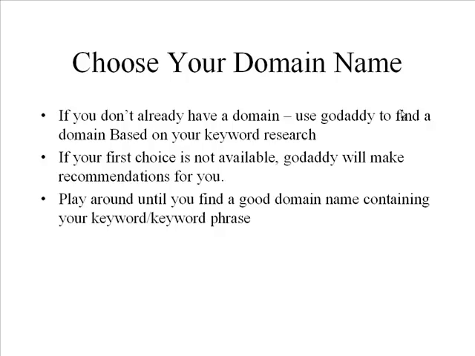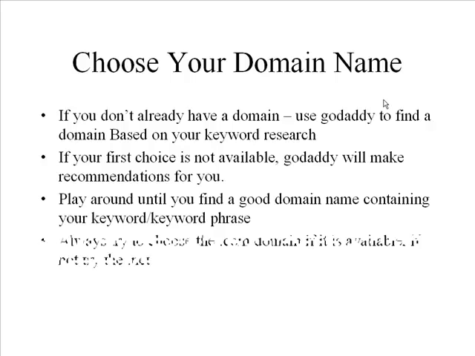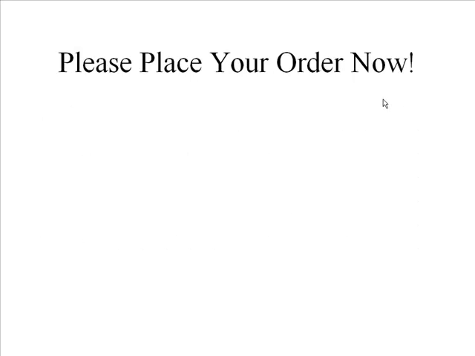If your first selection is not available on GoDaddy, it's going to make some recommendations of variations on that keyword, and that'll get your thought process started. Play around with it until you can find a good name containing your keyword or keyword phrase. You always want to choose the .com extension if it's available. If that's not available, then choose the .net extension.